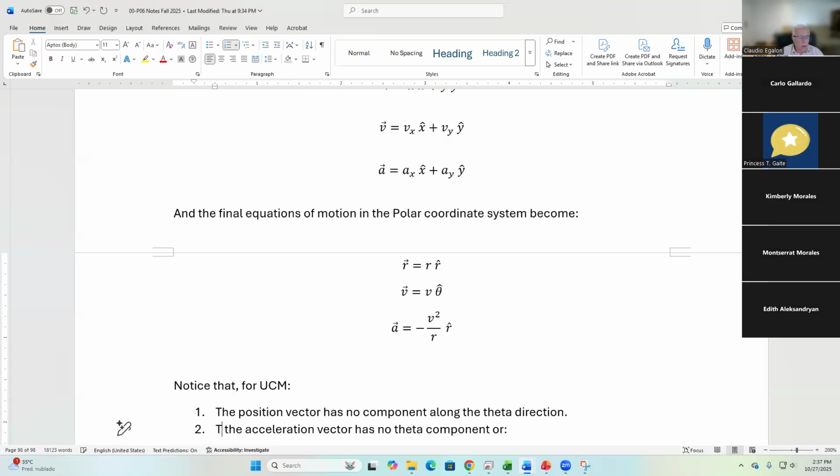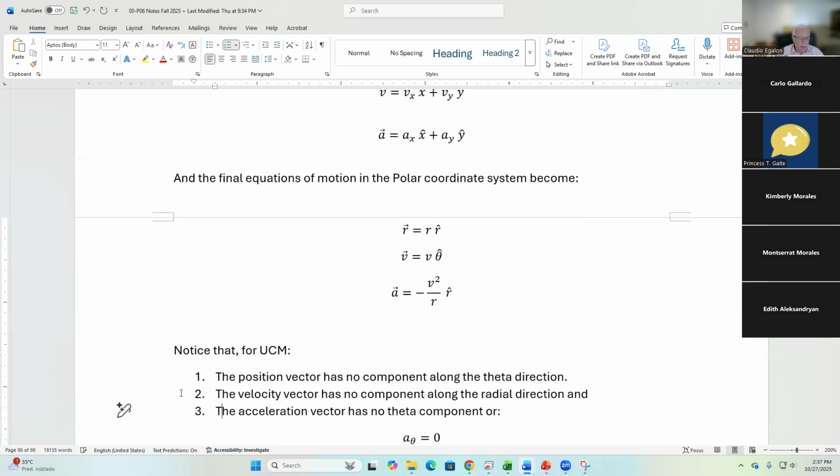Two, the velocity vector has no component along the radial direction. And three, the acceleration vector has no component along the theta direction.